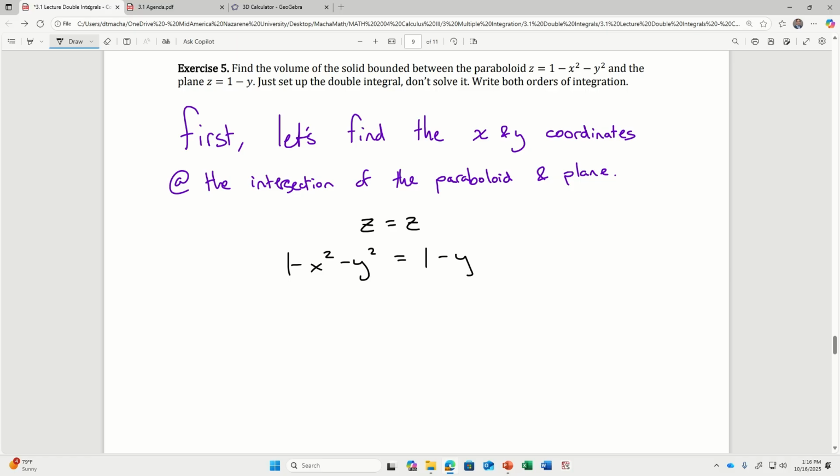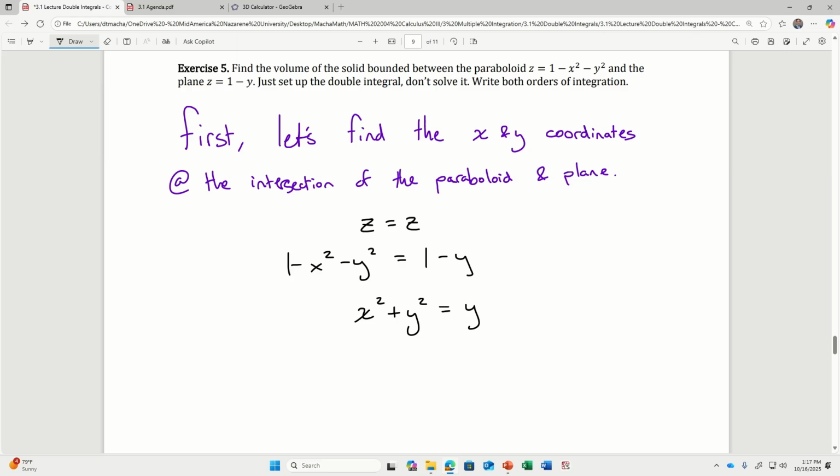You can subtract 1 from both sides. And it gives me something like x squared plus y squared is equal to y. And I can't find an easy way to solve this equation for y.